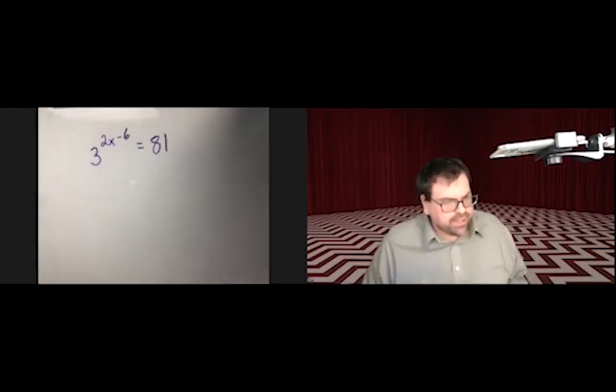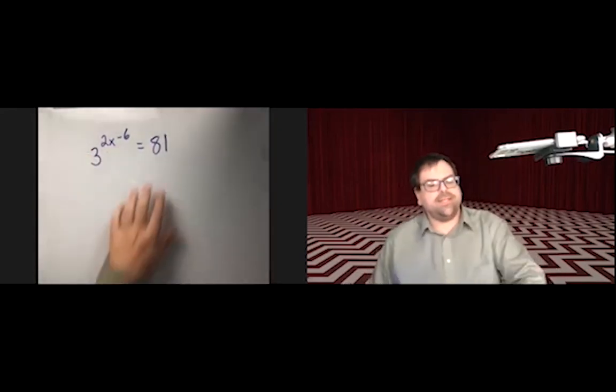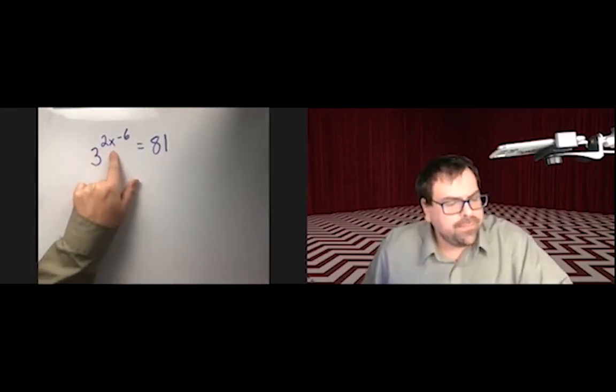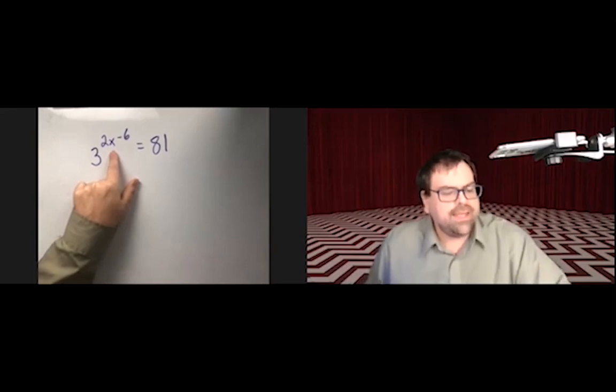Let's say we had something like 3 to the 2x minus 6 equals 81, where the x that we want to solve for is in the very top, in the exponent.